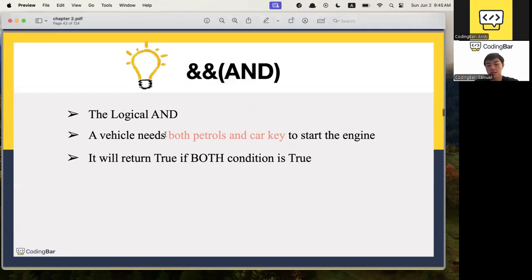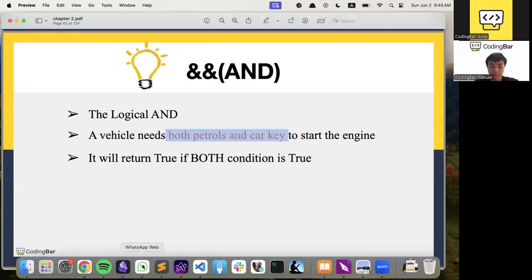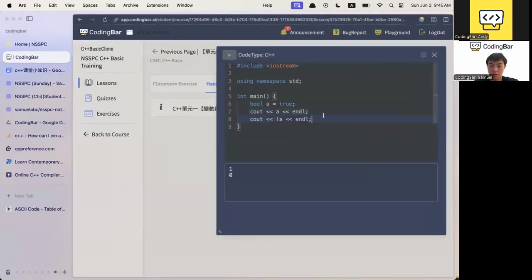So let's take this as an example. Let's say we print out vehicle start. Let's say Boolean has petrol equal to true, and Boolean has car key equal to false.